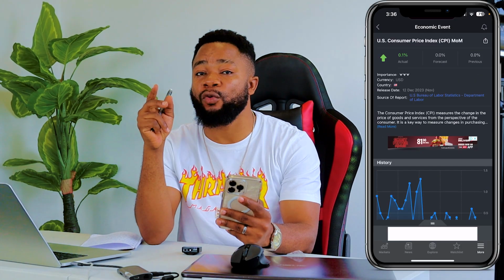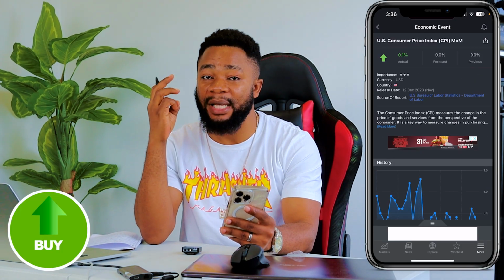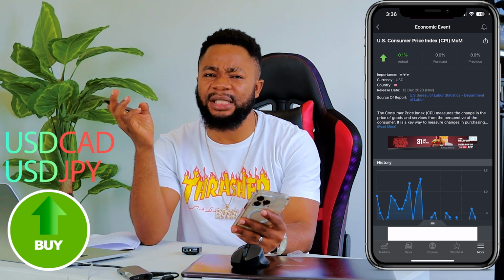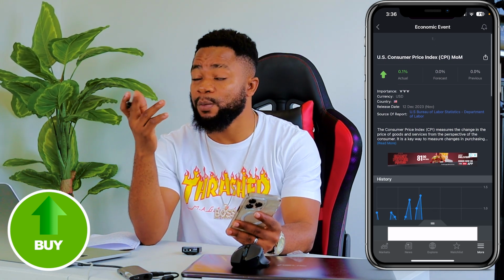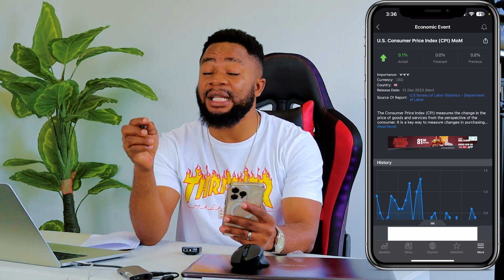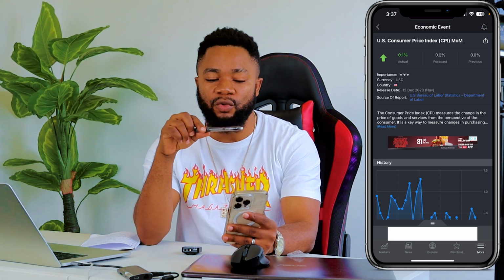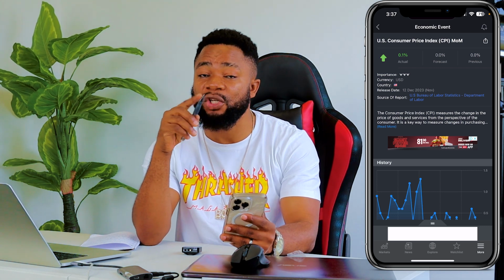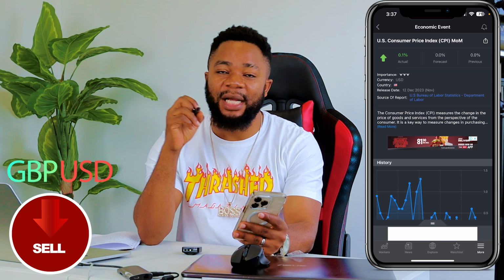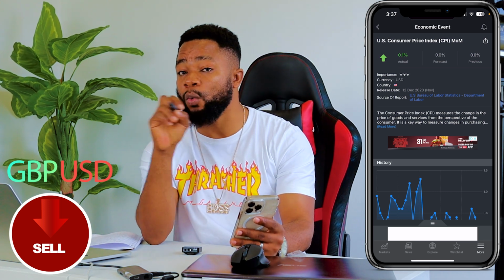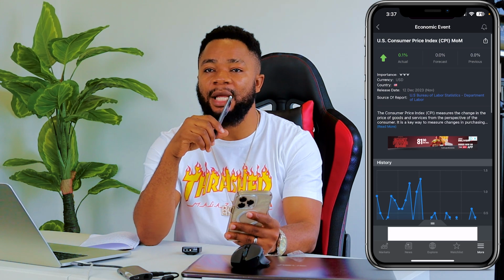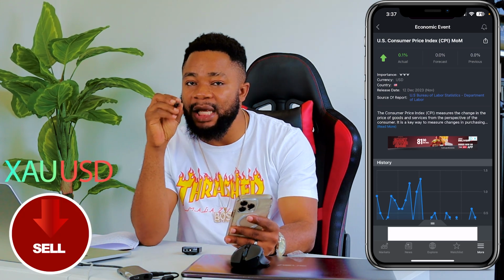Currency pairs that you expect to be going up will be pairs like USD JPY and USD CAD. Those are the most popular. Then the majority of the currency pairs that are inversely related to these pairs I just mentioned, you have pairs like Great Britain Pound USD. In that case, you can see USD is the secondary or quote currency on that pair. You have gold, which is XAU USD.